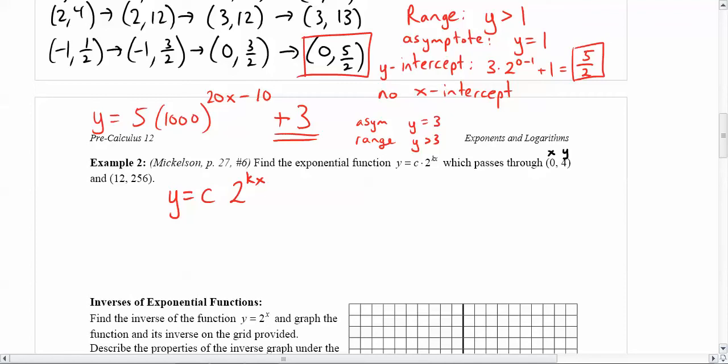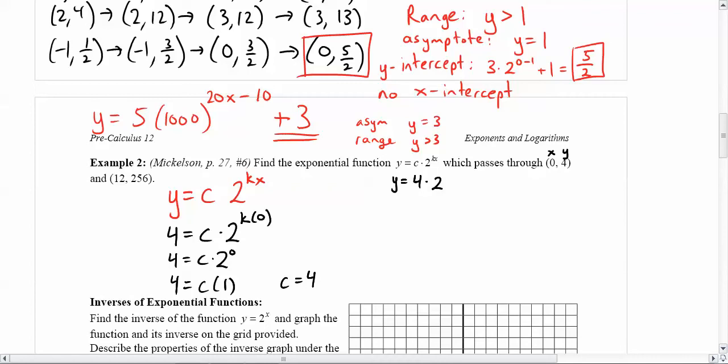So if you want to find the equation for the function, you can plug in 4 for y and 0 for x. And then we could try to solve. 0 times k is still 0. And like we saw in the warm-up this morning, 2 to the power of 0 is 1. So c is 4. So now we already know that we have 4 times 2 to the power of kx.